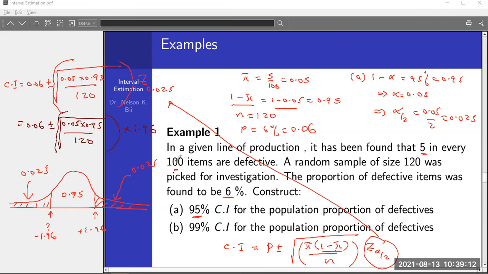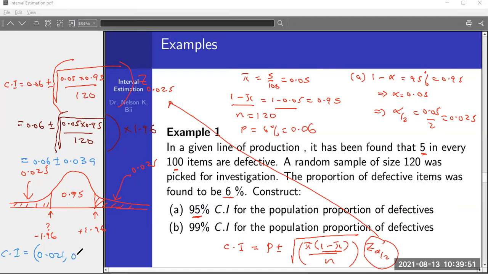What do you get? 0.039. So you have 0.06 plus or minus 0.039. The lower bound will be 0.06 minus 0.039. Is it 0.021? Yes.